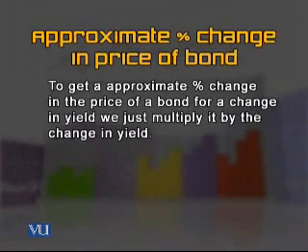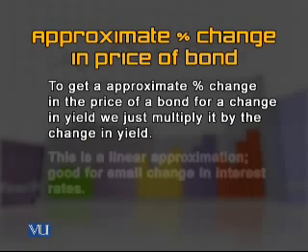We do that simply by multiplying by the change in yield. When yield changes, and we said yield and bond price are inversely related, whatever change comes in yield gives you the approximate percentage change in bond price. The change, not the total figure, just the change.